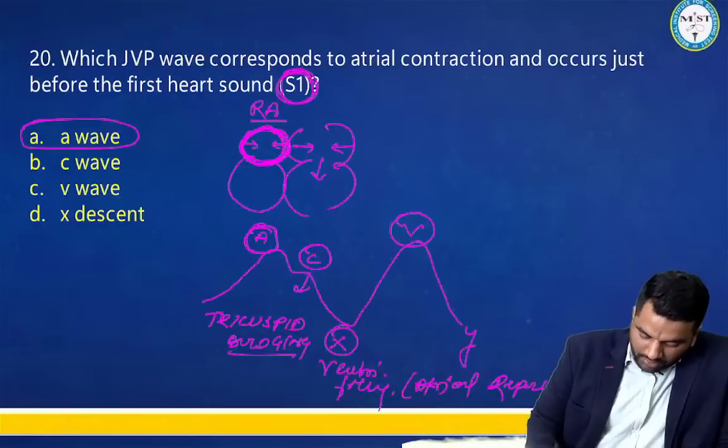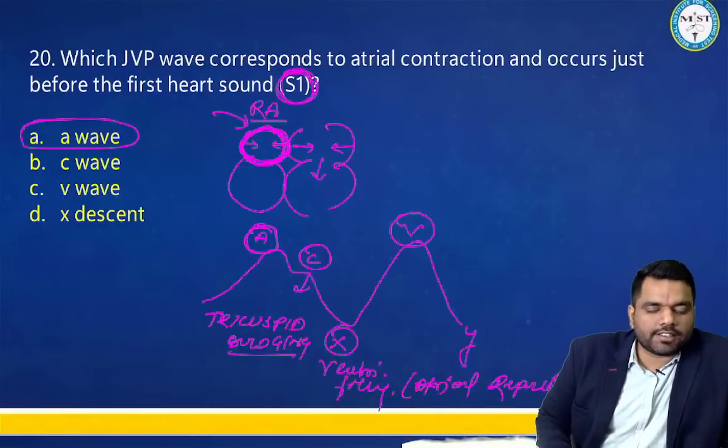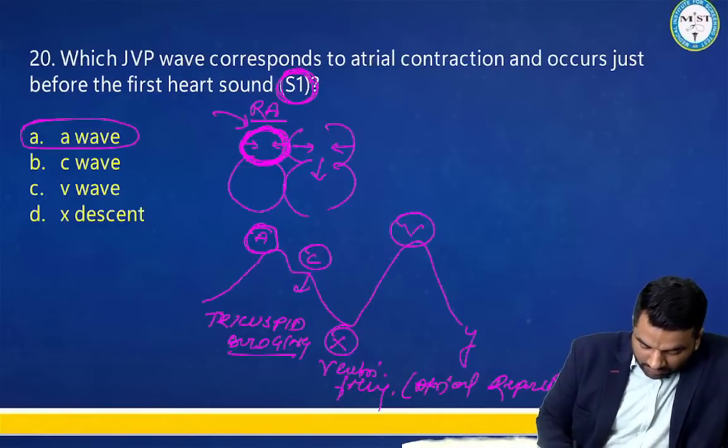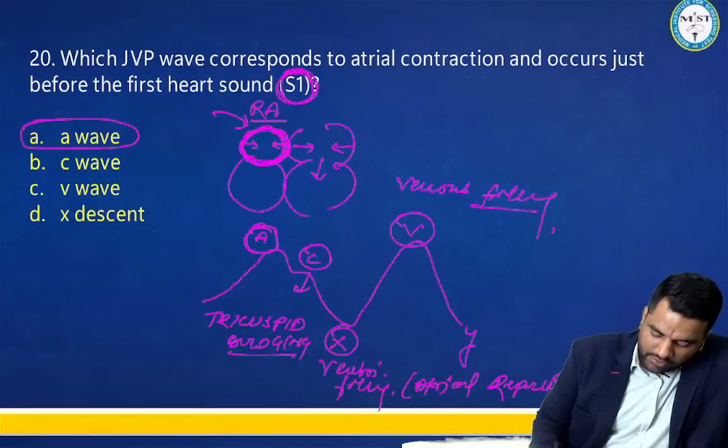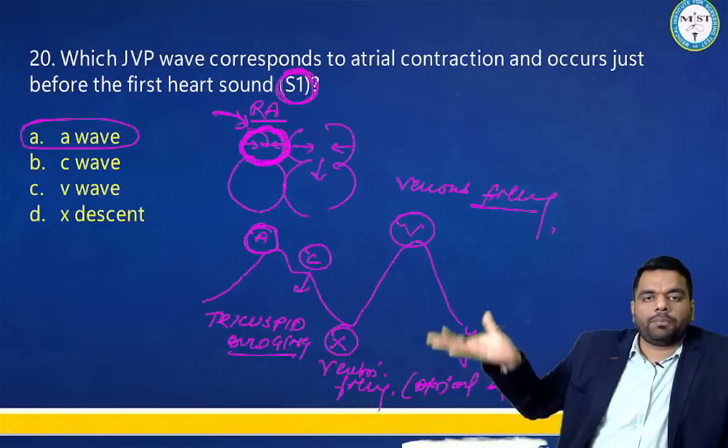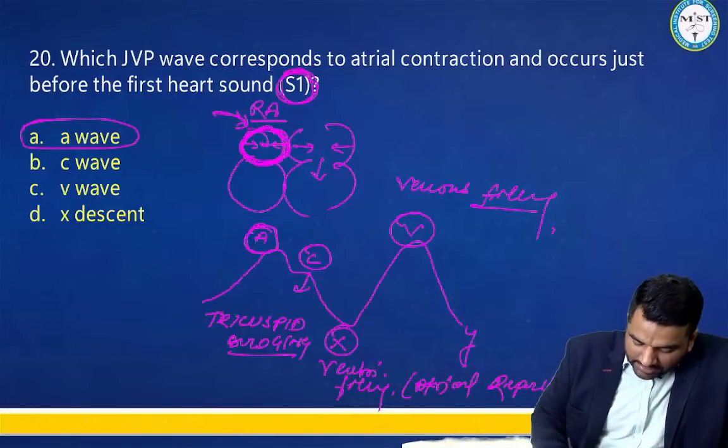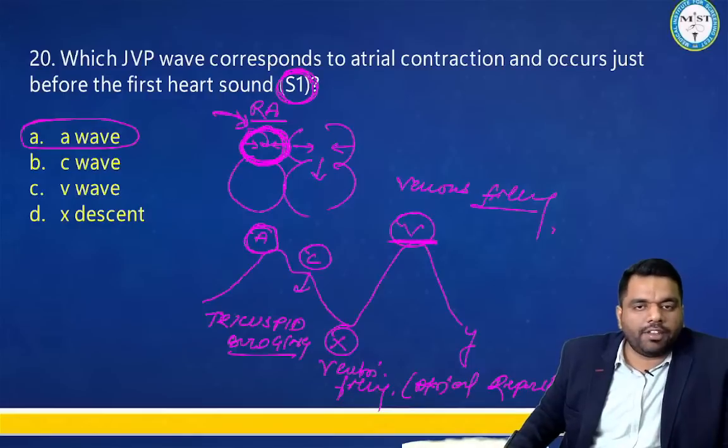V wave: the blood is coming from the venous area, or this is called venous filling. So when the veins drain all the blood into the right atrium, again the pressure of the right atrium is going to increase. So that again leads to a positive wave, the high pressure wave called the V wave.